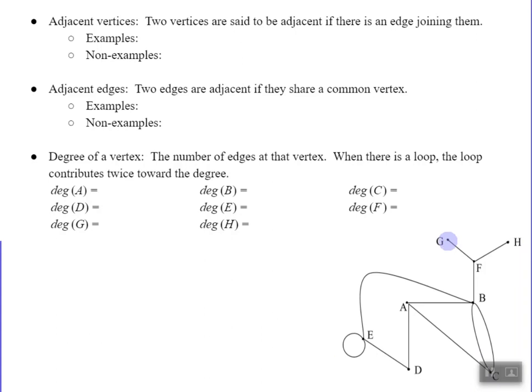So for example, G and F are adjacent vertices. B and E are adjacent vertices. However, A and E are not adjacent vertices because there is no edge from A to E.